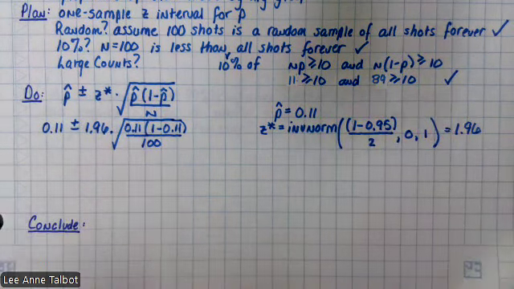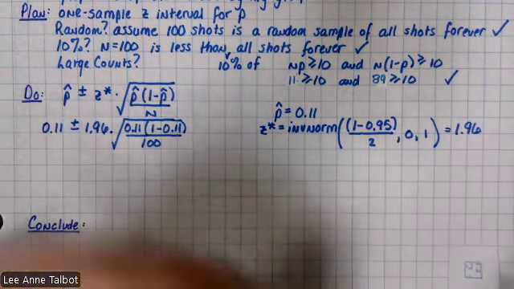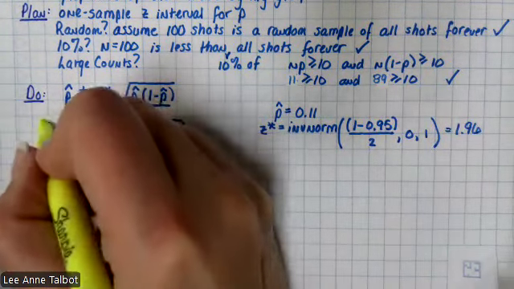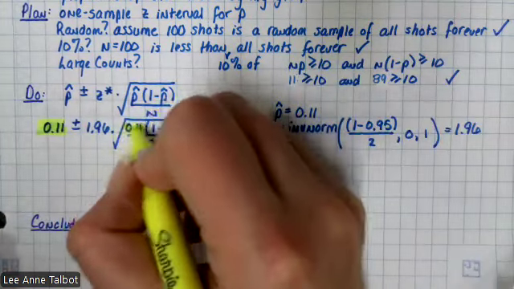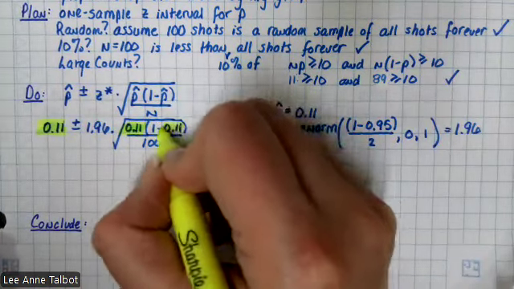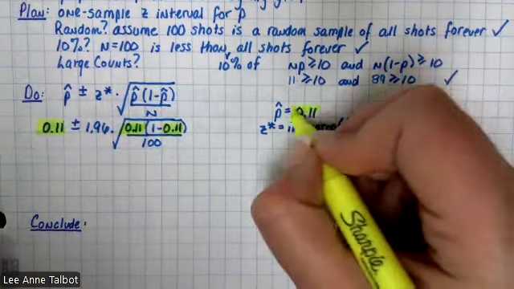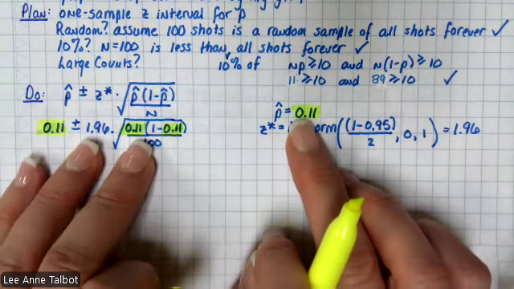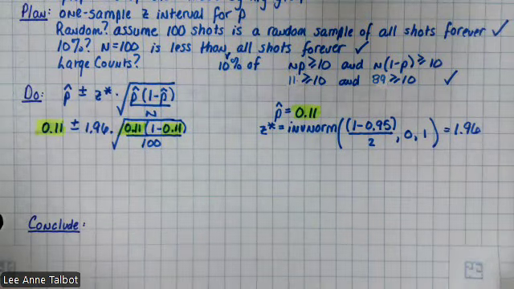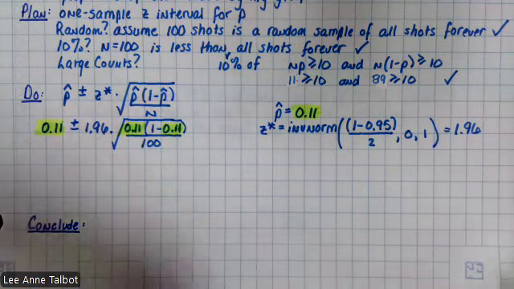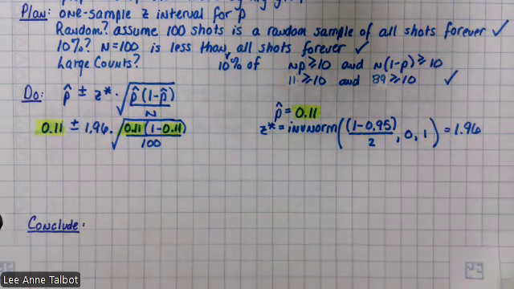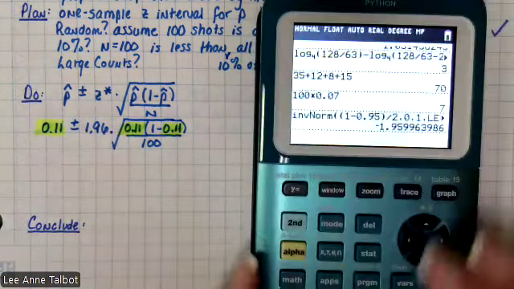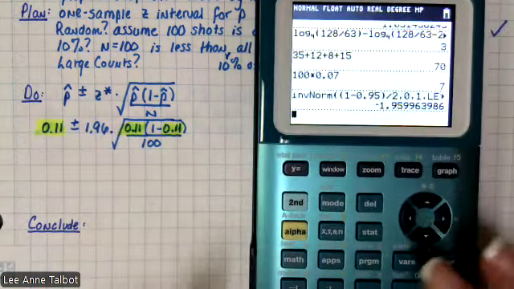Here, I'll highlight it for you. These right here, you should be using the number from your group, not 0.11. Yes, everyone should have 1.96 though. Excellent question. Okay, so now calculate.